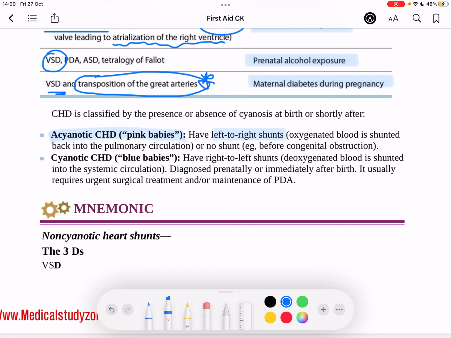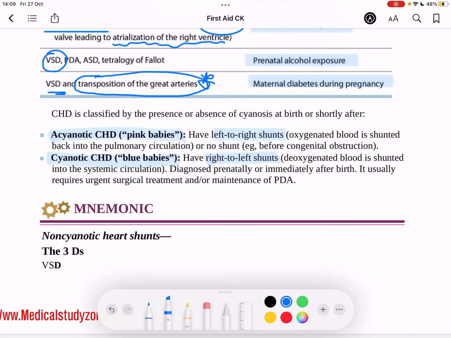So for example, a coarctation of the aorta, that's also acyanotic. And because we have no mixing of deoxygenated into oxygenated blood, we only have oxygenated into deoxygenated, we don't have any cyanosis. Our cyanotic babies, the blue babies, these have right to left shunts. So this is where deoxygenated blood is shunted into systemic circulation.